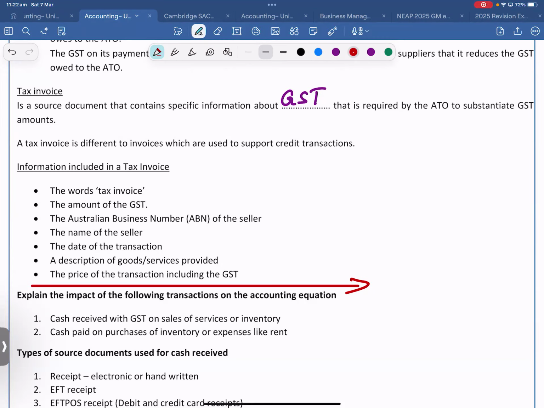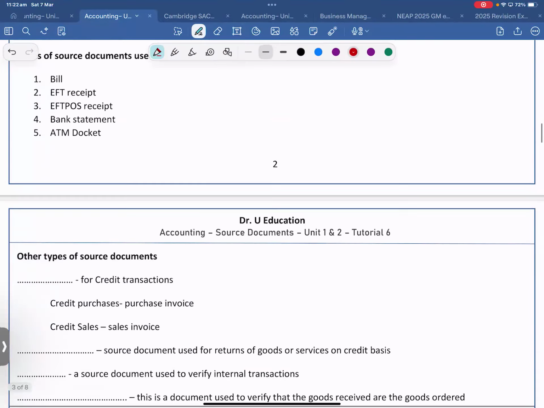Right. So, tax invoice. Firstly, I'll show you what a tax invoice is.